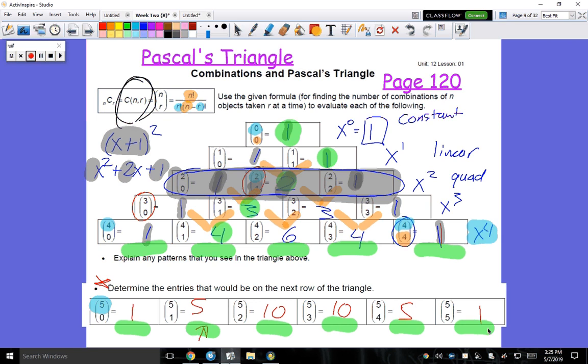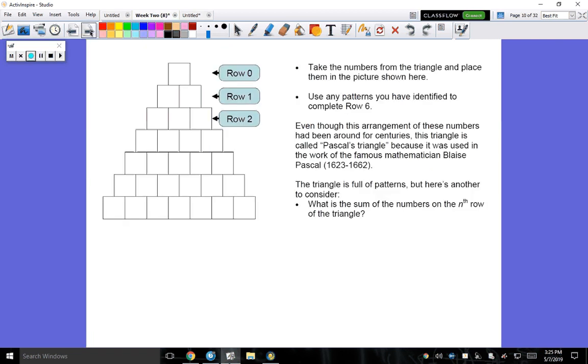Does that make sense? And here's the pattern that you should see. It's always the second number on the line. Like this is x to the 1, x squared, x cubed, x to the 4th, x to the 5th. It's always the second number that will tell you the power of that thing. Okay?